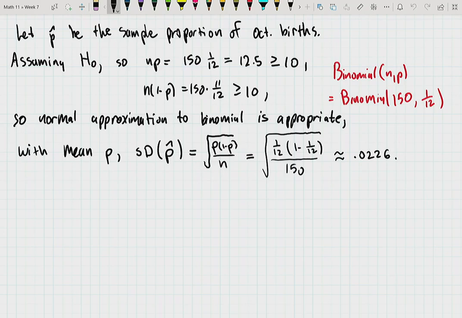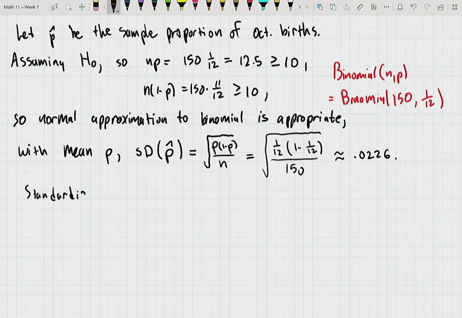For sample proportions, I had to use the standard error, which was an approximation to the standard deviation. Here, for hypothesis testing, we've got something a bit better, which is the actual hypothesized standard deviation. So that's one difference between this and a confidence interval problem. But in both cases, we now standardize so we can do computations.